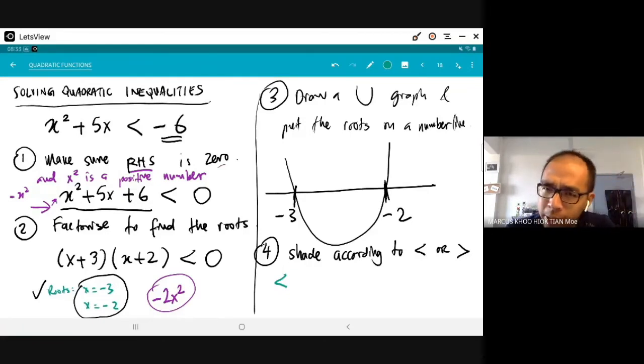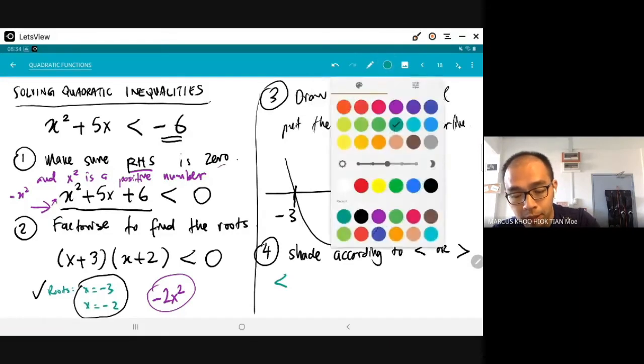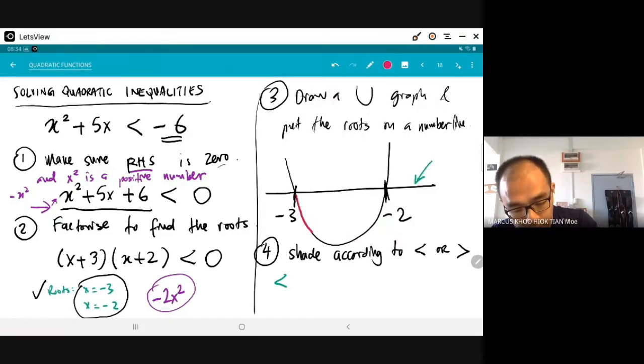Okay, kurang daripada apa? Okay, kurang daripada garis mendatar ini. That's what it means. Kurang daripada garis mendatar. So, bahagian graf yang kurang daripada garis mendatar is this part. Sini kan yang kurang daripada garis mendatar ini.